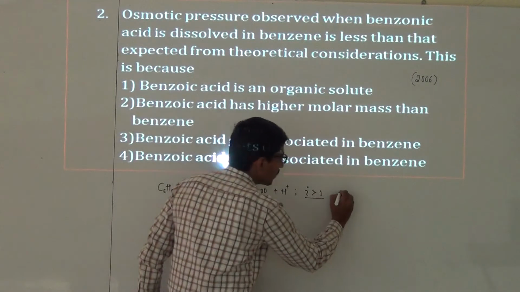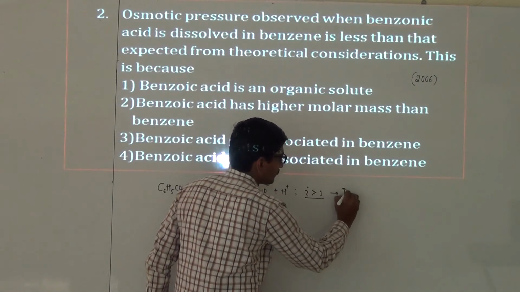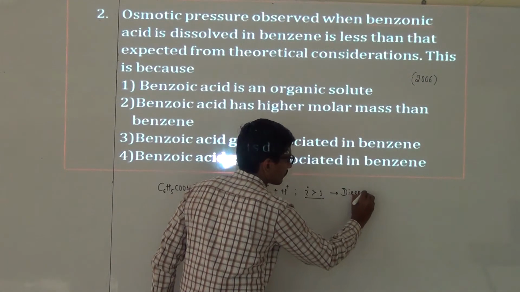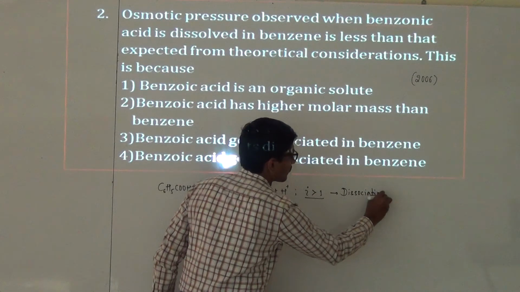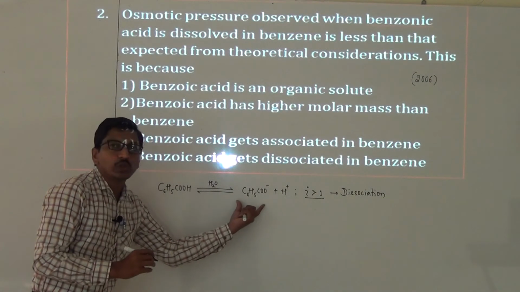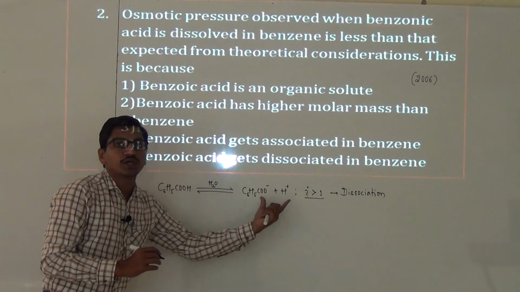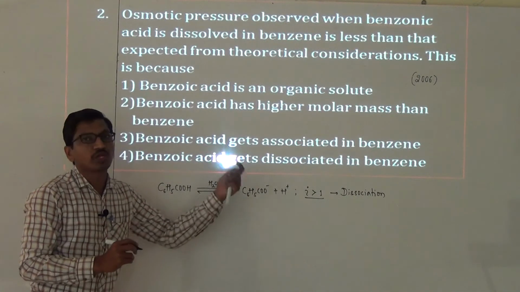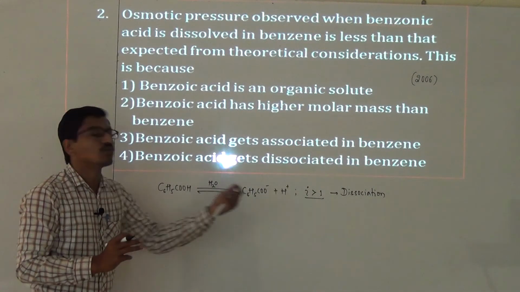There is a dissociation. And if the solute is dissociated in the solution, their osmotic pressure or colligative properties are more.